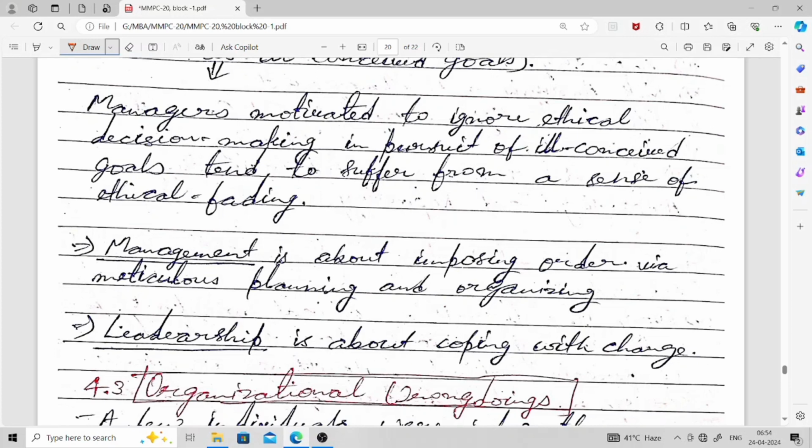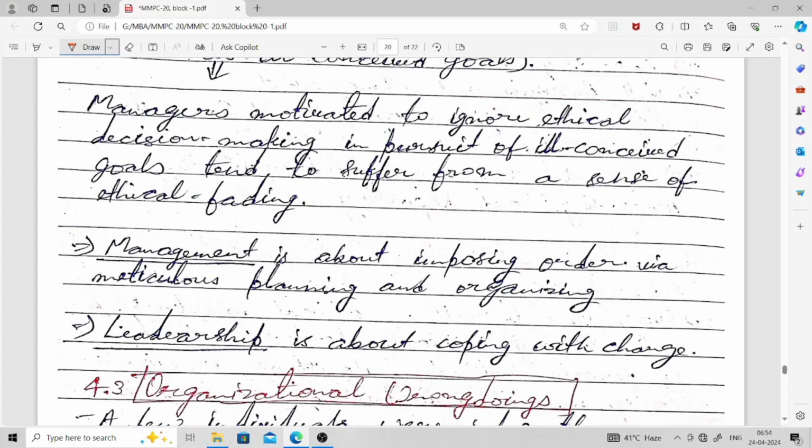Now you see, again I'm repeating. Managers motivated to ignore ethical decision making in pursuit of ill-conceived goals tend to suffer from a sense of ethical fading. Their organization sets the ill-conceived goal.